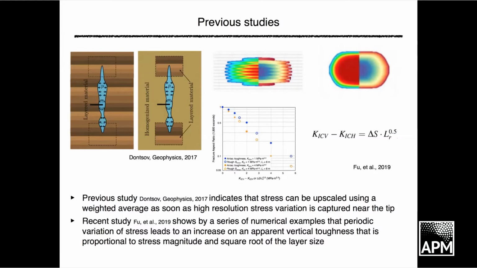But because you have stress variation, your fracture seems to be more height contained. They described it with an additional vertical toughness, being this delta stress essentially times the square root of the layer size, okay? And they did a whole bunch of examples that basically fitted this equation, and this was their conclusion, okay?